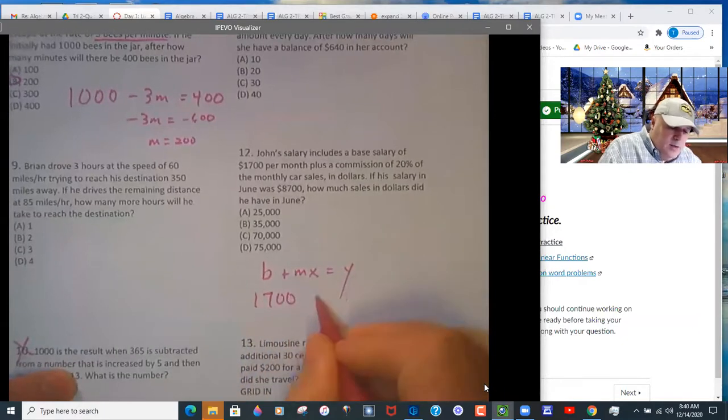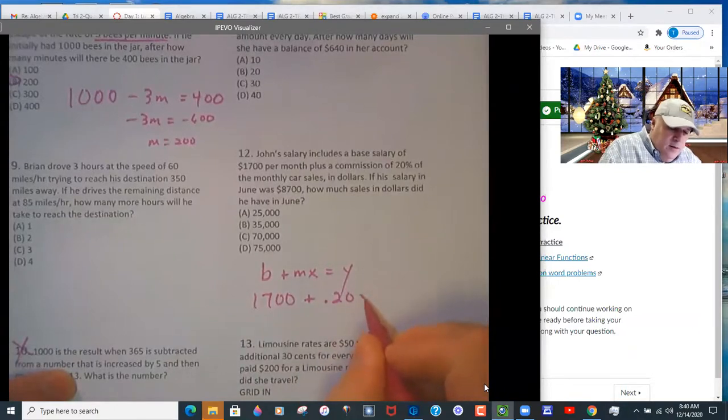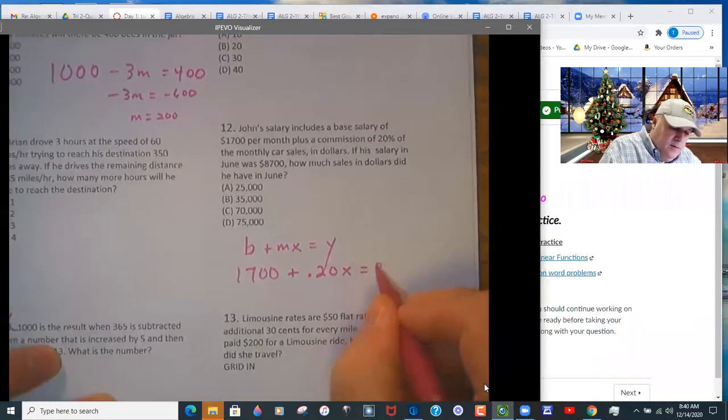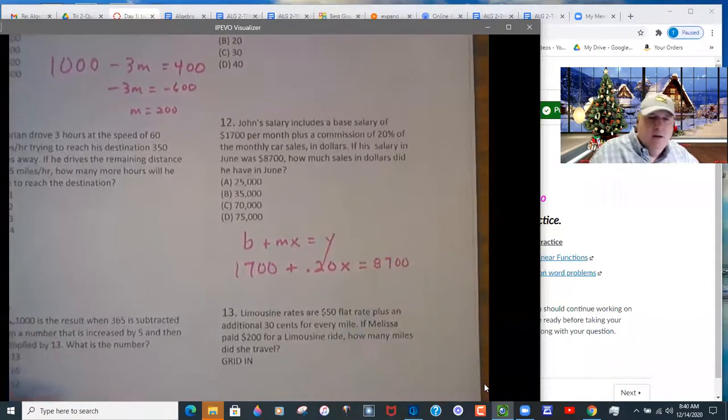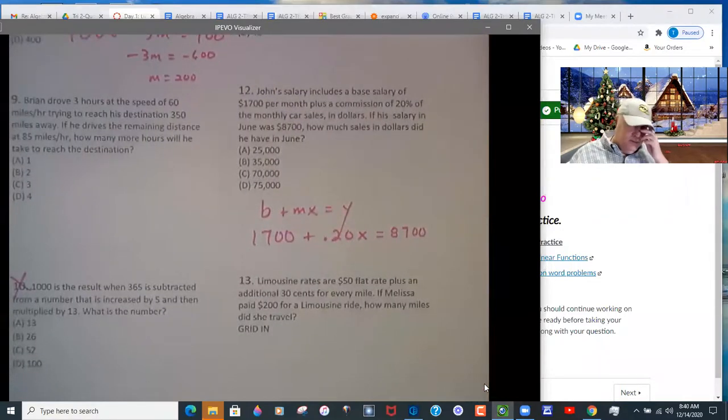And then the rate is 20%. And then your X is your sales, and then you end up with 8,700. So there's a little bit different application of the linear function type of approach.